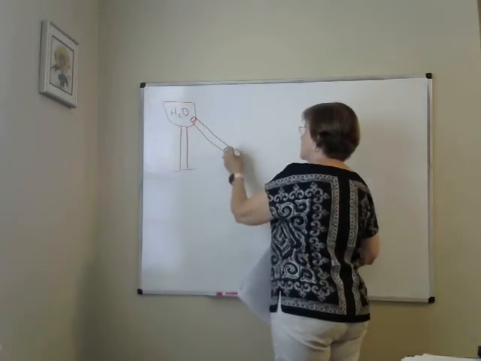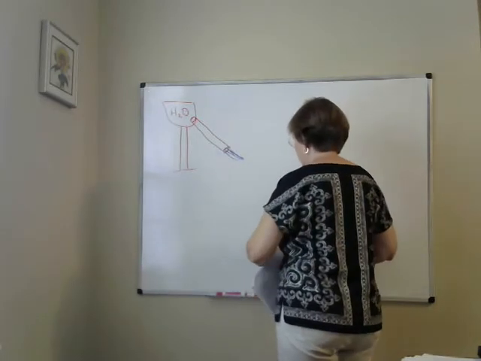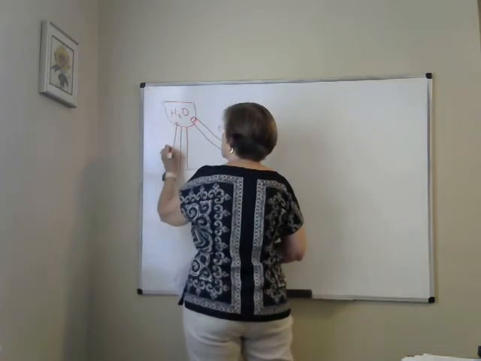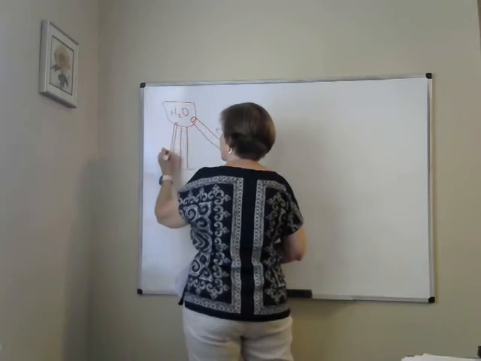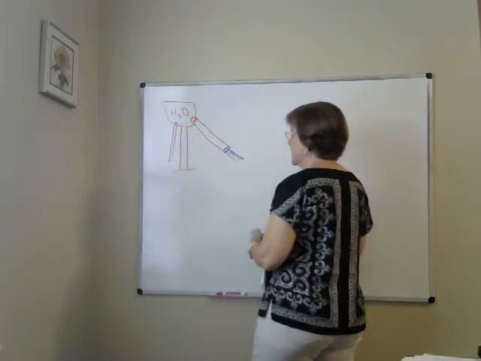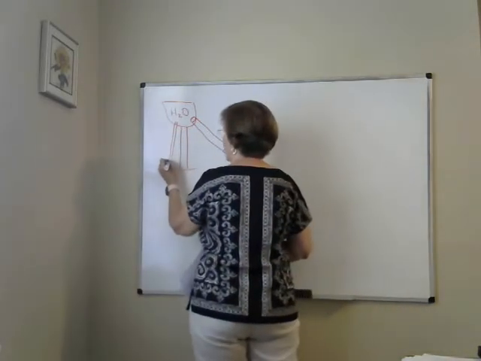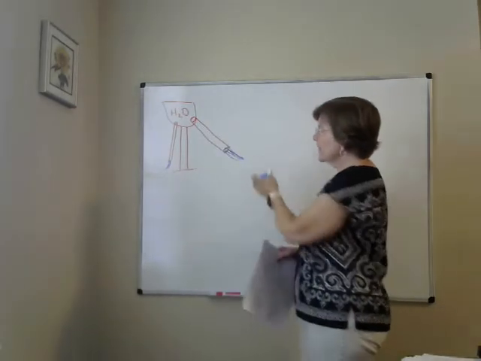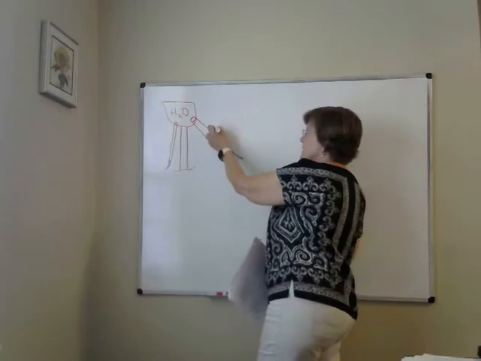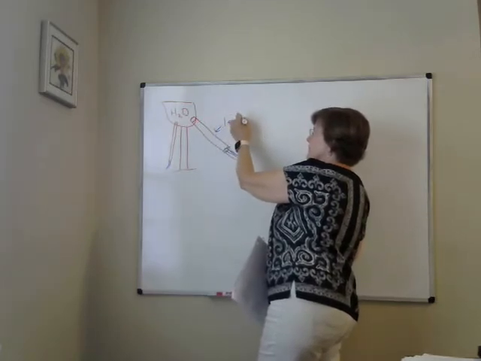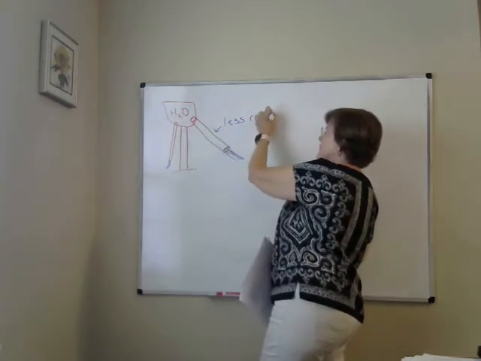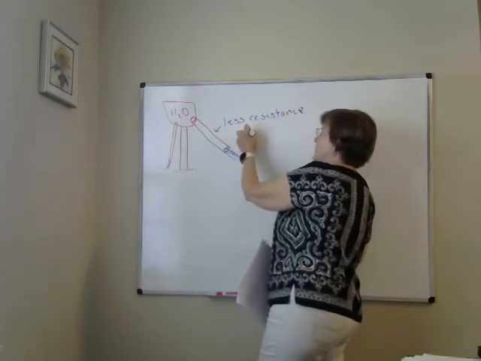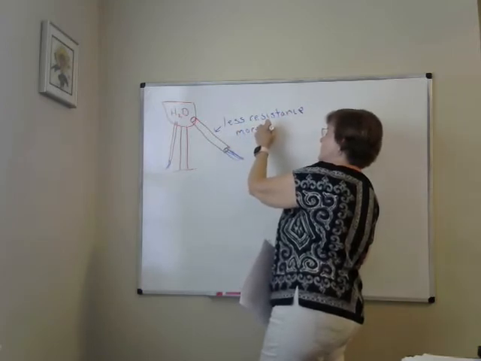Lots and lots and lots of water through a big hose. If you use a very small hose, you connect it up there, you're only going to be able to get a little bit of water. Okay? The big hose has less resistance. There's more water current.